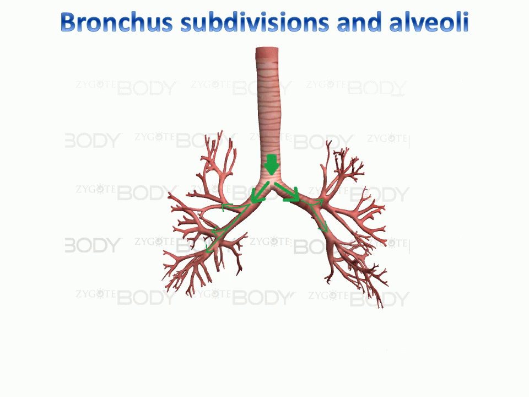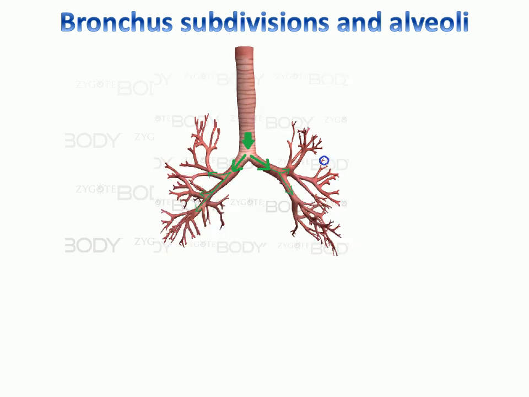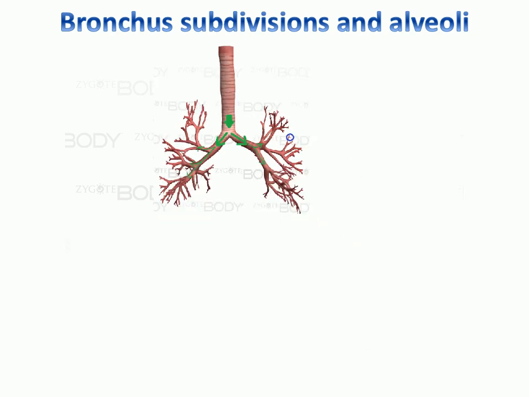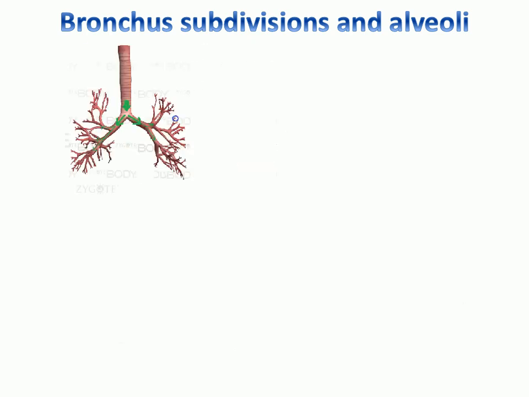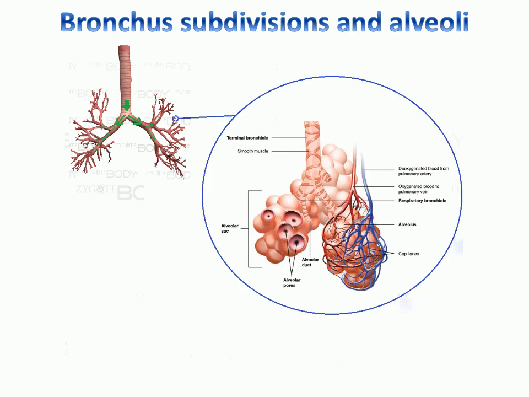The secondary bronchi divide into tertiary bronchi, and further divide into many smaller bronchioles, which divide into terminal bronchioles, each of which then gives rise to several respiratory bronchioles, which go on to divide into 2 to 11 alveolar ducts.